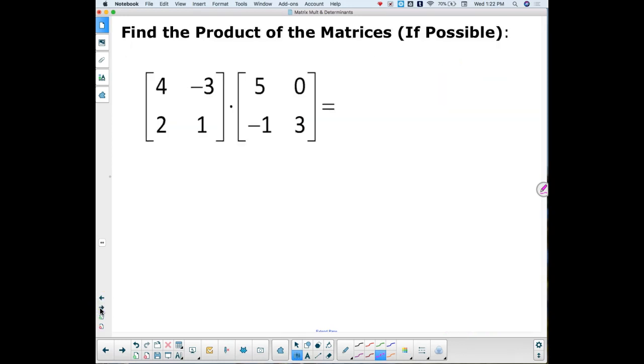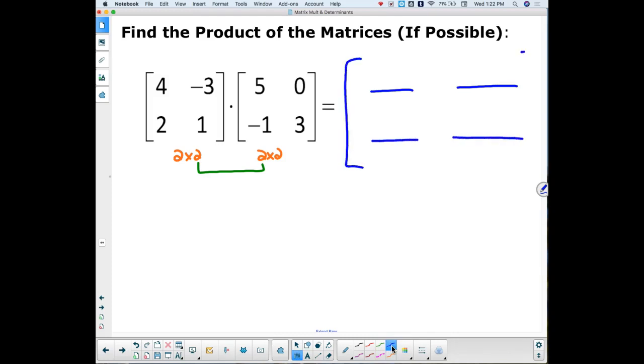Can I multiply those matrices together? Dimension check tells me I've got a 2 by 2 and a 2 by 2. Green light. And my result is going to be a 2 by 2. So again, I would make myself a 2 by 2 matrix that I can now fill in.